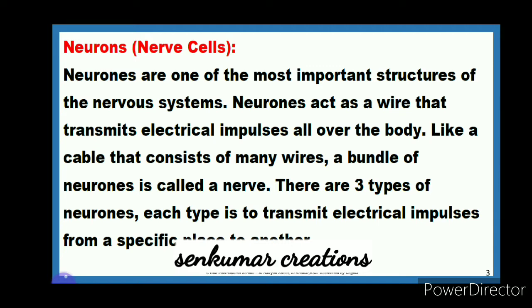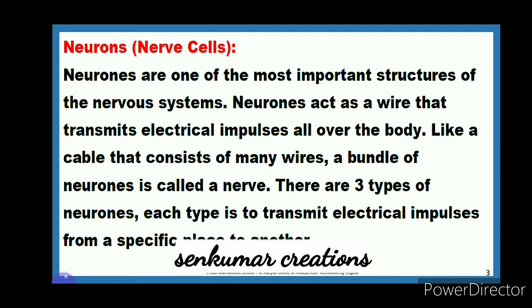We can start first with the neuron. What are neurons? Neurons are one of the most important structures of the nervous system. Neurons act as wires that transmit electrical impulses all over the body. Like a cable that consists of many wires, a bundle of neurons is called a nerve. There are three types of neurons.